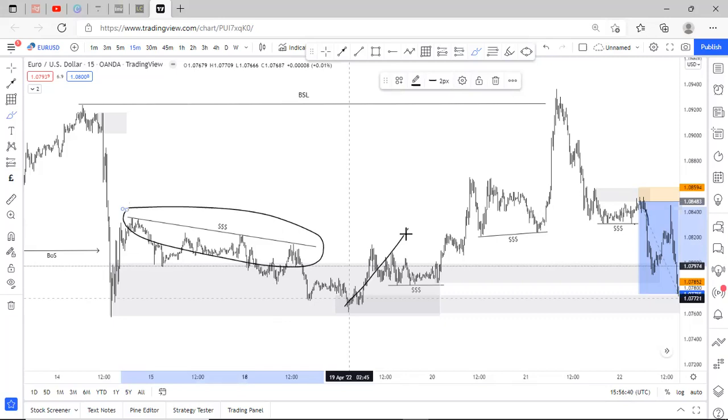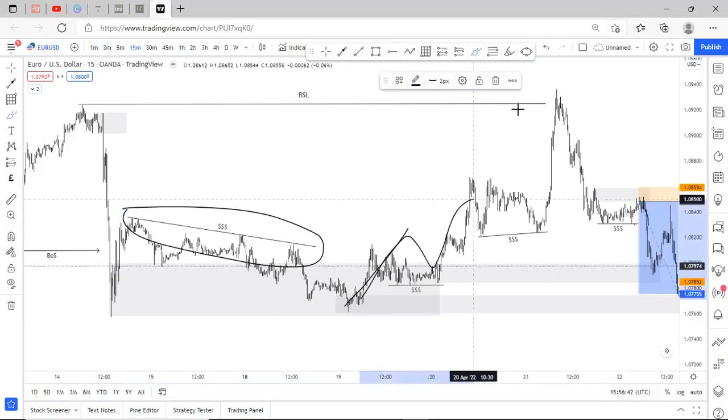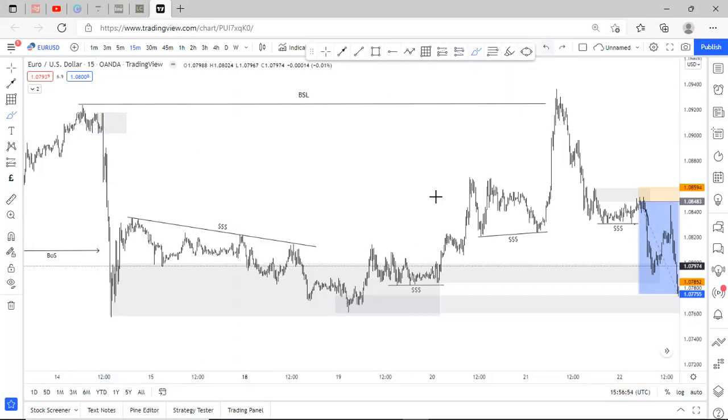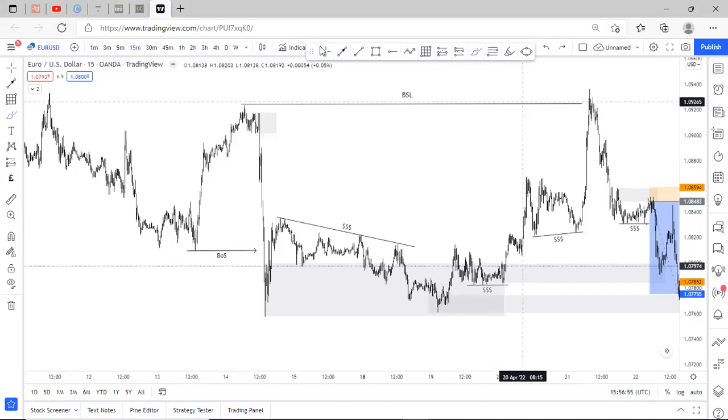I know the market is going to push up one way or the other to take off this trend line liquidity, fill up all these imbalances and mitigate the supply zone. So this is how you want to be trading towards liquidity, so that you can get profitable trades.